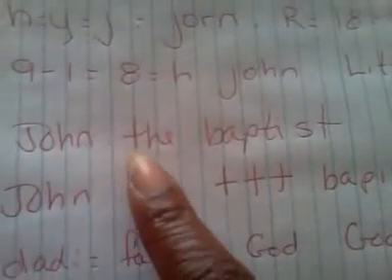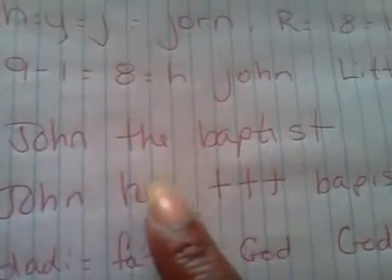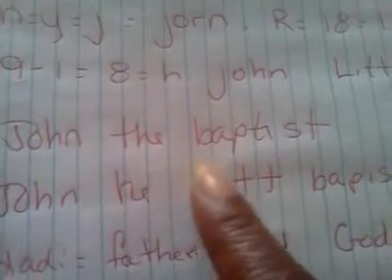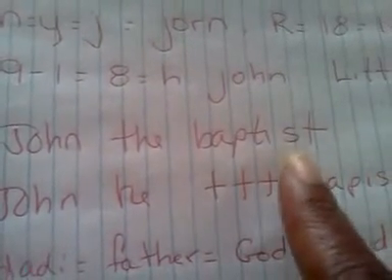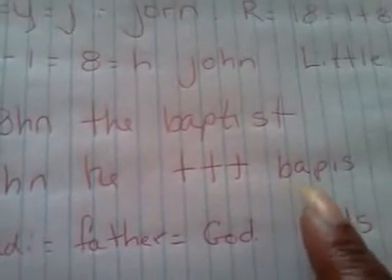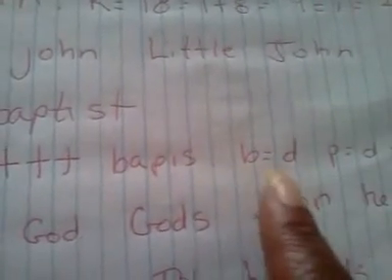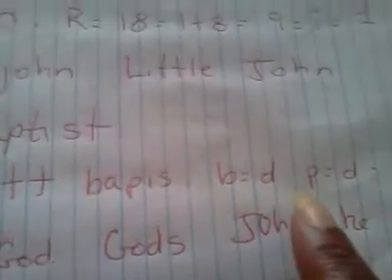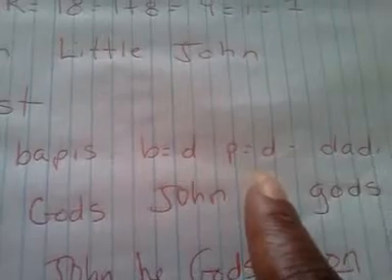Now, when we're talking about John, we're talking about John the Baptist. Now, we take the word John and we take the T from the, we put the H and the E here. Take the T and we add it to these 2 T's over here, and it leaves B-A-P-I-S. We take the lowercase b, turn it backwards, it becomes lowercase d. We take the lowercase p, turn it upside down and backwards, it becomes lowercase d. We add it to the other letters, and it spells D-A-D-I-S, which is daddy.